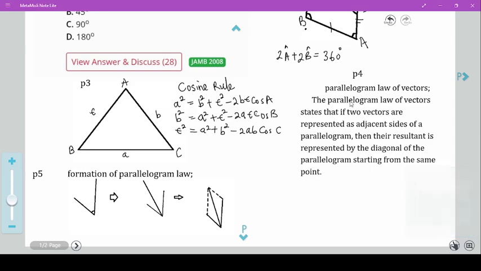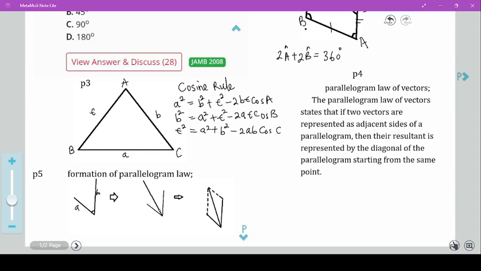So what this is literally trying to say is that if you have two vectors, say here and here, I could mark them. Let me call here A and then here B. So if we have two vectors, A and B, acting at an angle to each other, using the parallelogram law of vectors, the resultant has to come as some sort of diagonal springing up in between.